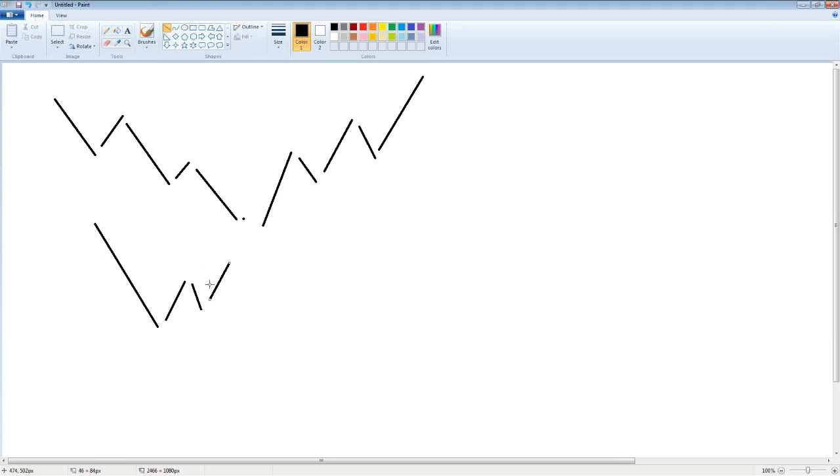Especially in zone theory, as most people here should understand, price comes back into the zone, and then it actually makes the original move that we're looking for.